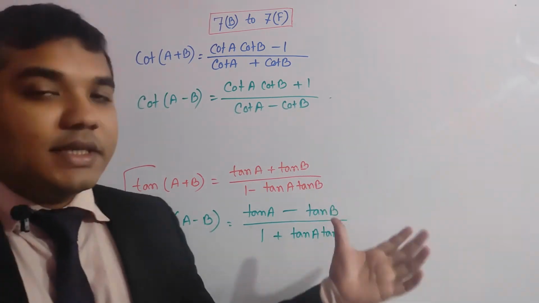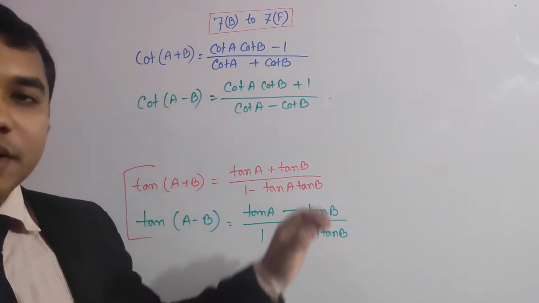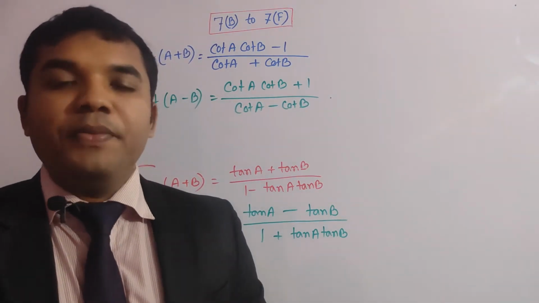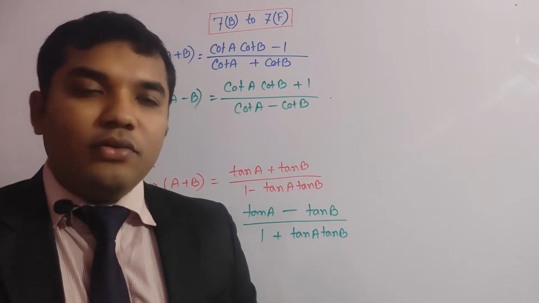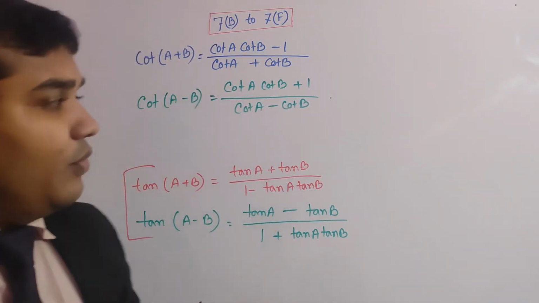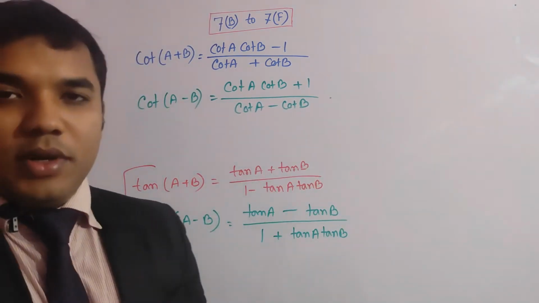Dear students, these are the basic formulas, and if you memorize all of these basic formulas, then all other formulas can be found from them. Let's have a look at which formulas there are and how we can find them from these main formulas.